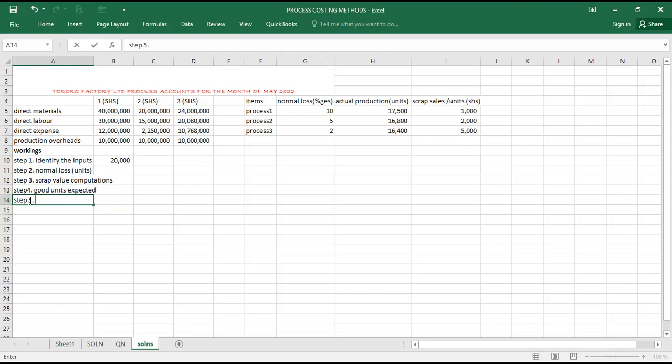Step number 5 is to get both the actual production, permit me to use PDN for production, and the abnormal losses or gains. You can say the abnormalities.